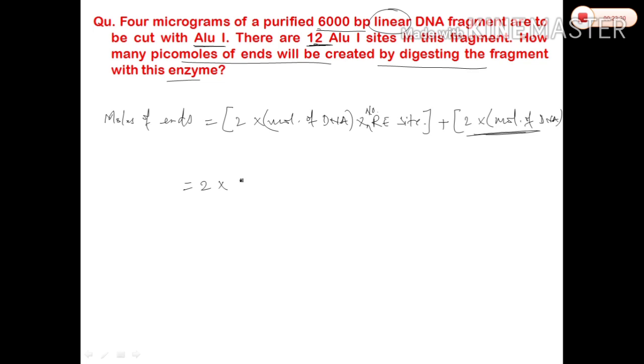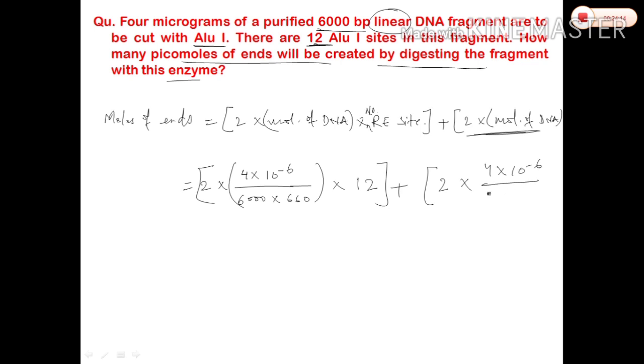The weight is 4 into 10 raised to the power minus 6, divided by 6000 into 660, into the number of restriction enzyme sites, which is 12, plus 2 into again 4 into 10 raised to the power minus 6 divided by 6000 into 660.